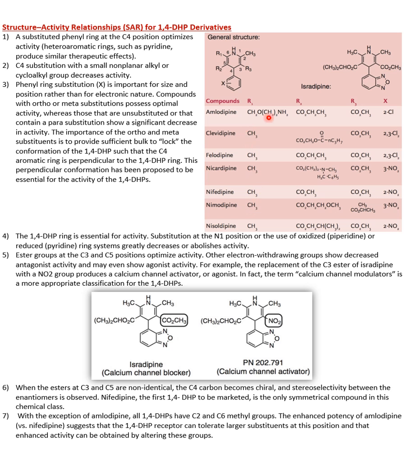Now with the amlodipine, when we increase the size of the group at this position, the potency increased, which means that there must be some binding sites here at the receptor that enhance the potency or the affinity of the drug. Okay, so this completes the SAR for this class of drugs.